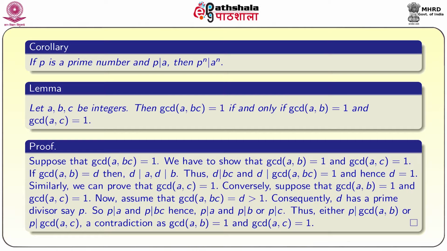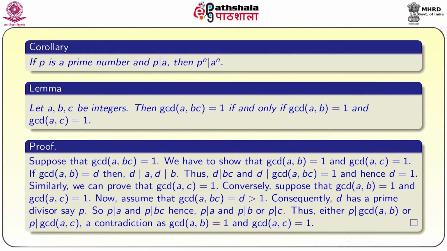Conversely, suppose that GCD of a comma b equal to 1 and GCD of a comma c equal to 1. Then we have to show that GCD of a comma bc is also 1. So, we will prove by contradiction. If we assume GCD of a comma bc equal to d, which is greater than 1, then, as we just proved, every number greater than or equal to 2 has a prime factor. So, d has a prime factor, let us say p.